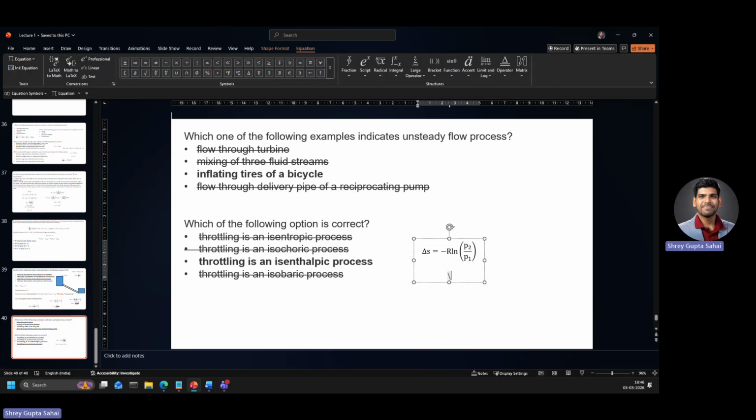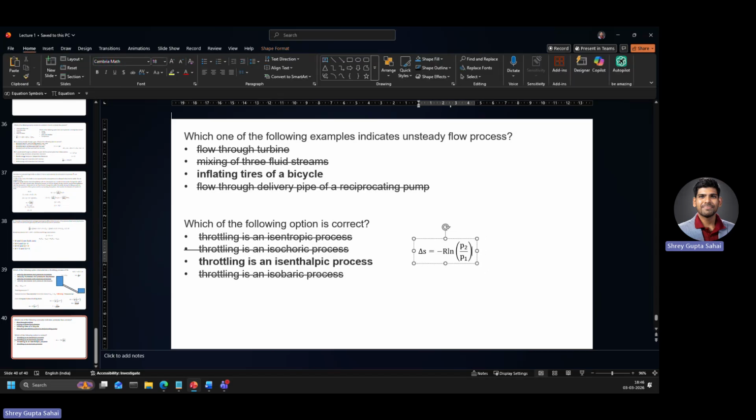So actually we can also write this thing. Delta S, or the entropy of the system, can get affected by two things. It can be a mass effect, the system mass has changed. For a constant mass process or for a steady flow process, you can have delta S due to heat transfer, and there will be an irreversibility.